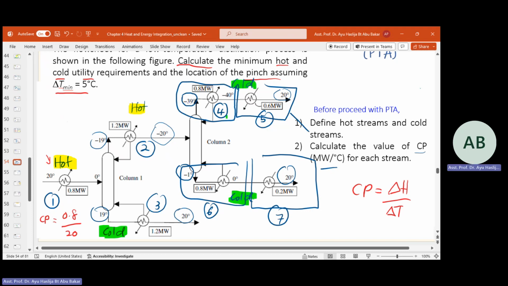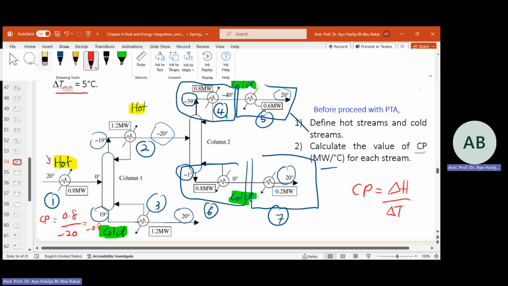So it will be negative. The negative and positive sign is important. So it will result in negative 0.04, correct.